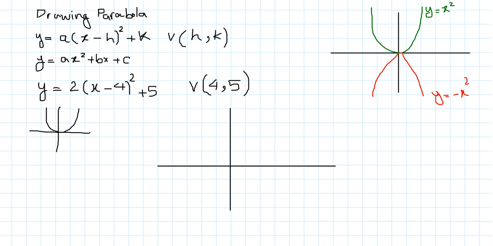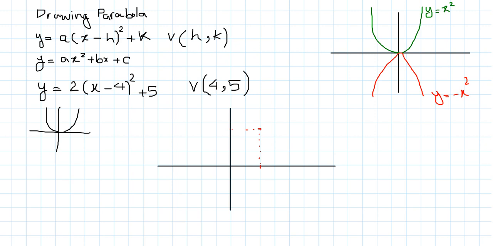The x of the vertex is 4, 1 2 3 4, and the y is 5, 1 2 3 4 5. Suppose every unit of this is 2. So my point, if I draw it, should be here.